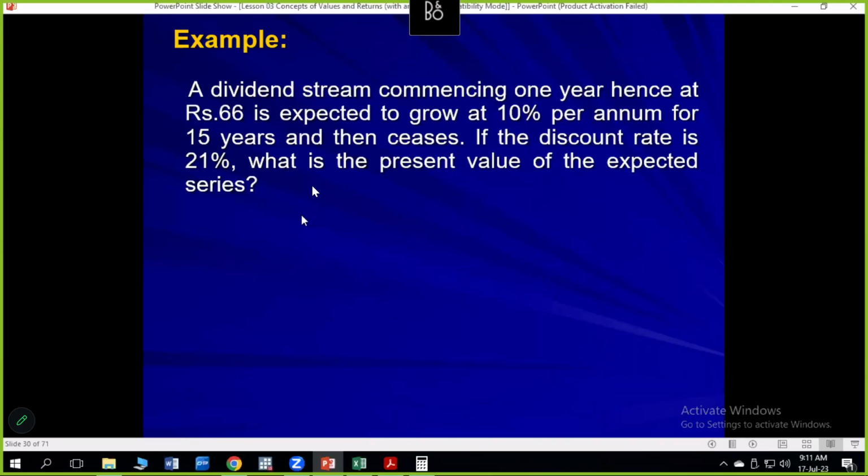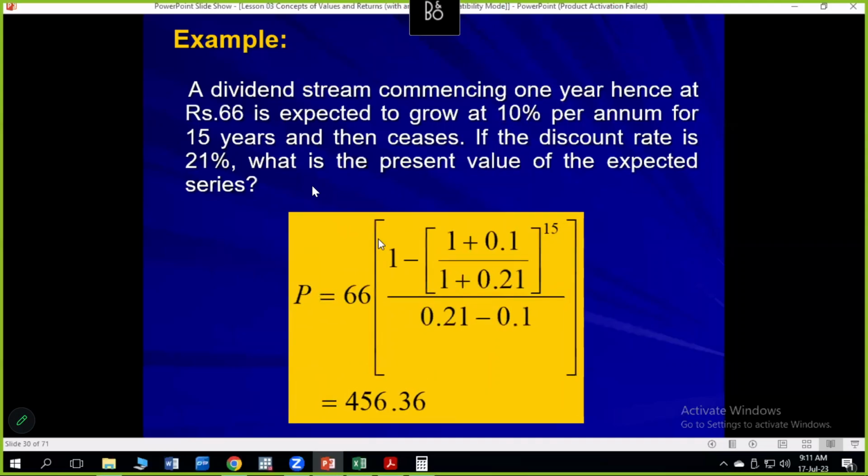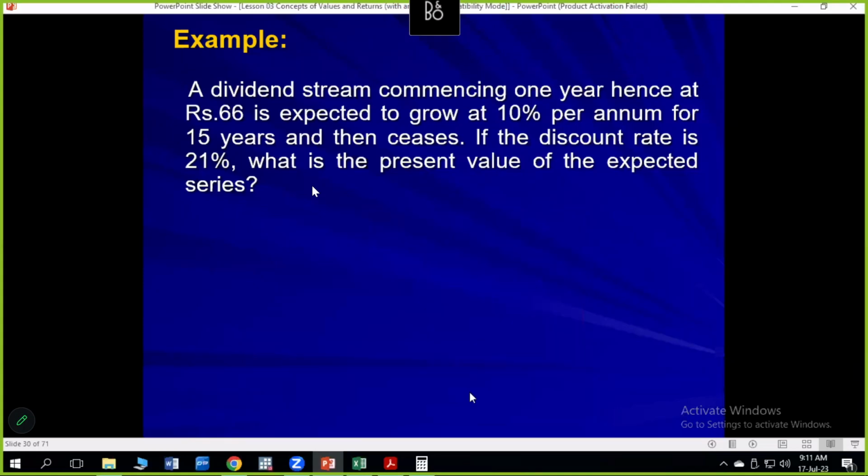So you take down this formula and the question and work out the answer. The answer is 156.36. You want to take down, what is the A value?